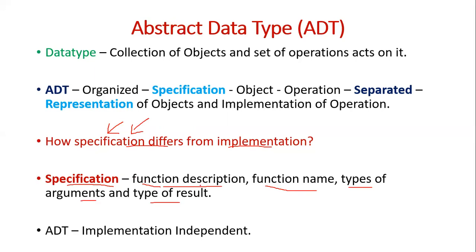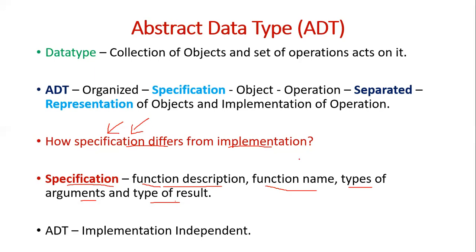Specification includes the function description, which describes that particular data type or the object, and for each of the operations that can be performed on this data type, the specification includes the name of the function, the number of arguments and the type of arguments it takes, and the result type. If you perform the operation, what type of result it will return, I mean the resultant data type.